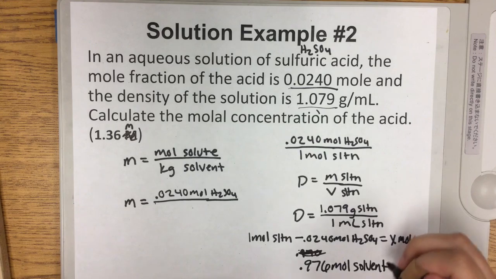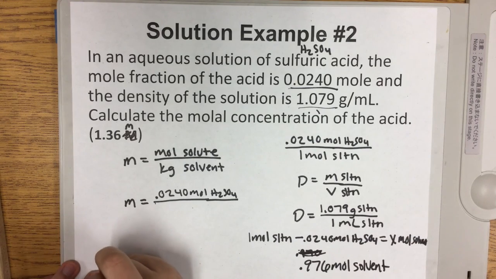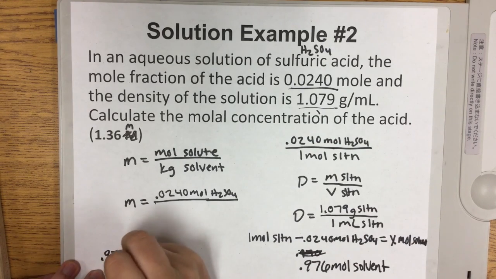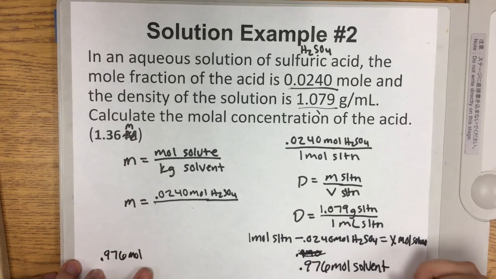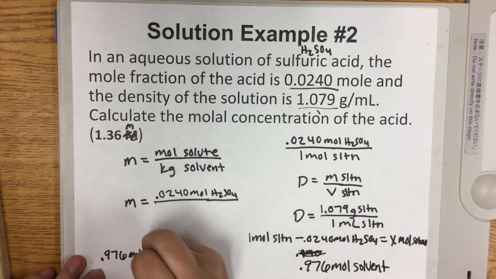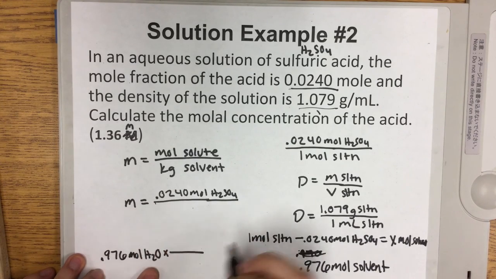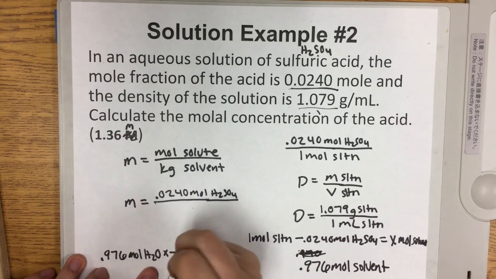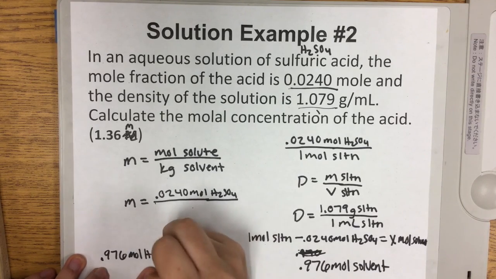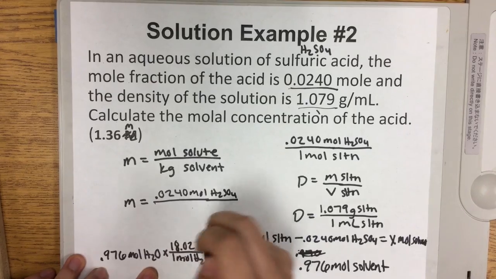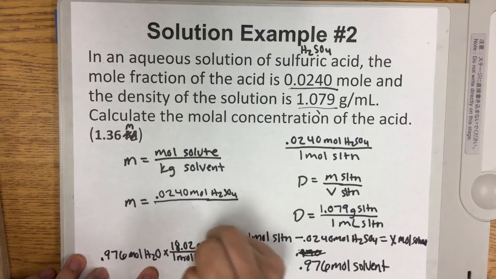Now again, we need kilograms, so we need to convert this into grams. So 0.976 moles of solvent, and our solvent, of course, is water, H2O. For every 1 mole of water, there is 18.02 grams of water.